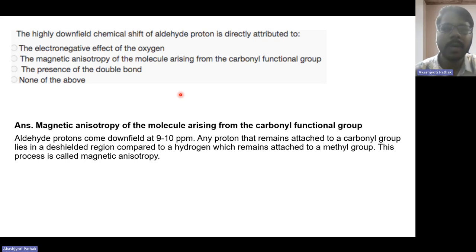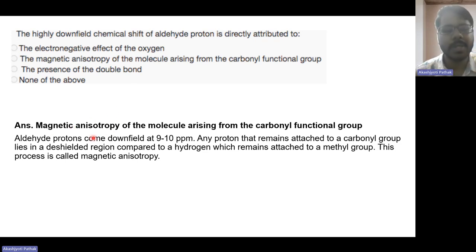Now, in an aldehyde molecule, which has a general formula of RCHO, this proton which is directly bonded to the carbonyl group will experience a different chemical environment than the proton which is on the other side of the carbonyl group. So that is called magnetic anisotropy.